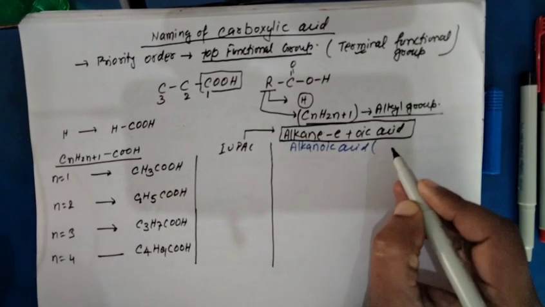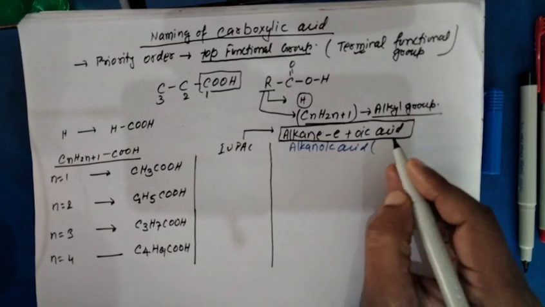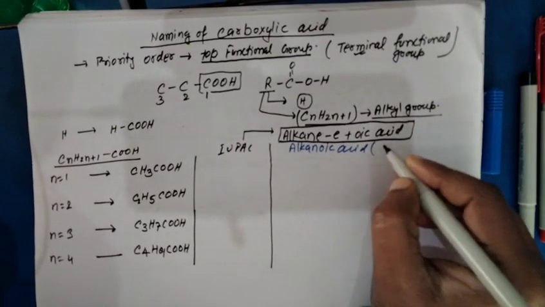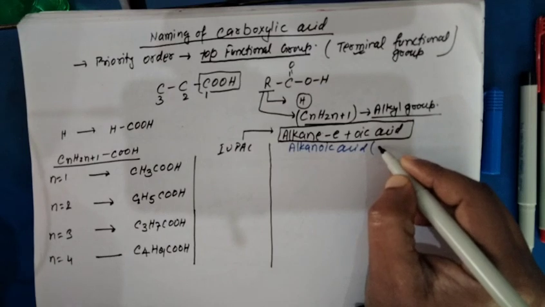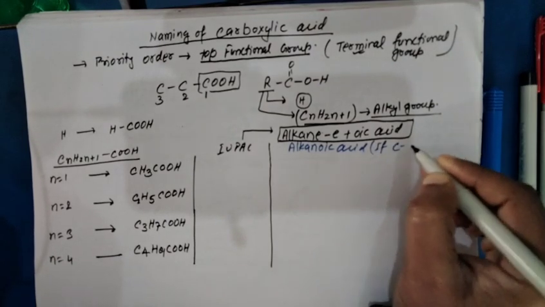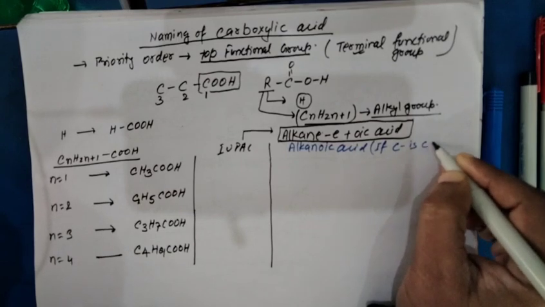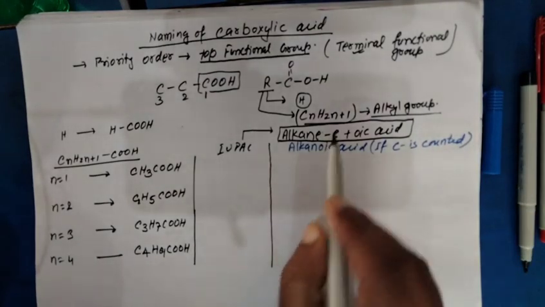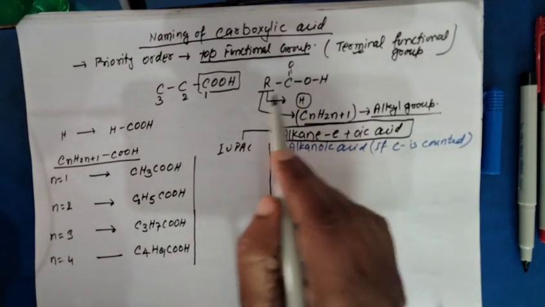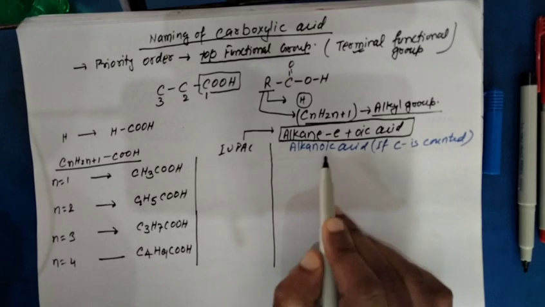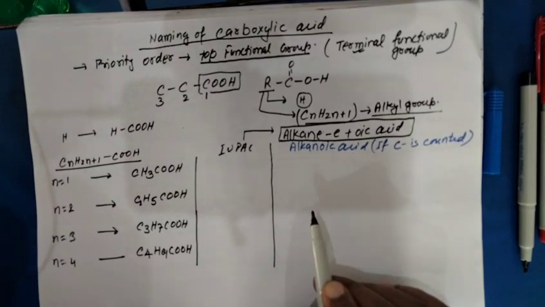But the important thing is, this formula is used if you take the carbon as a count. If C is counted, if you count this C as part of the main compound, then this naming is used, alkanoic acid.